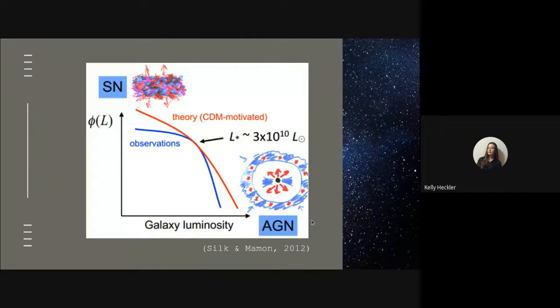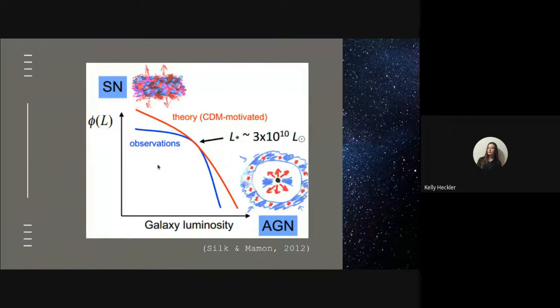The AGN feedback is an important ingredient in the galactic recipe, and it is needed to explain why there is a difference in the luminosity function of galaxies between the cosmological models and the observations. This can be seen in this schematic.